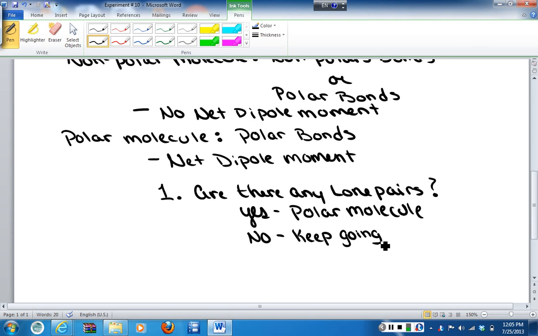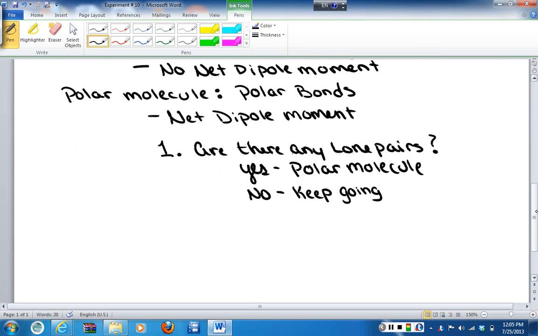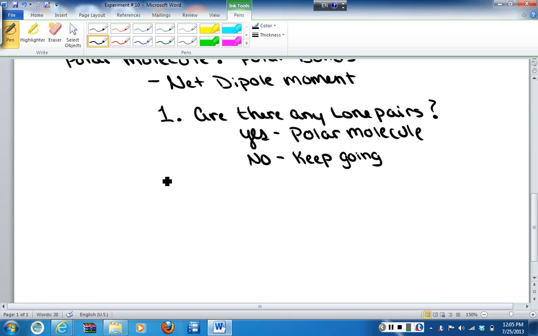And it doesn't matter if there's one lone pair, two lone pairs, three lone pairs. If there are any lone pairs, the answer is yes, then you have a polar molecule, which means that you have a net dipole moment. Now, the next thing that you have to ask about the molecule is, do you have a different atom bonded to the central atom?